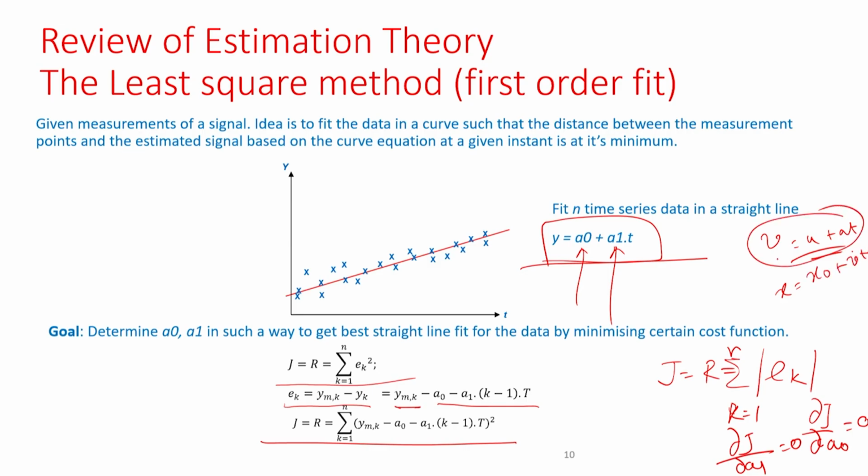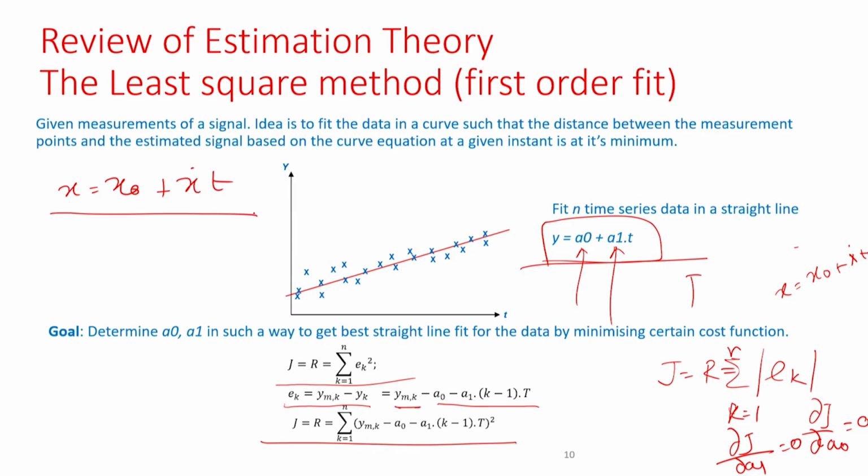So, x equal to x0 plus v t, or instead of v you can write x dot t. So, you have two states, x and x dot, and this is very important. Actually x is equal to x0 plus x dot t when you have a first order fit.